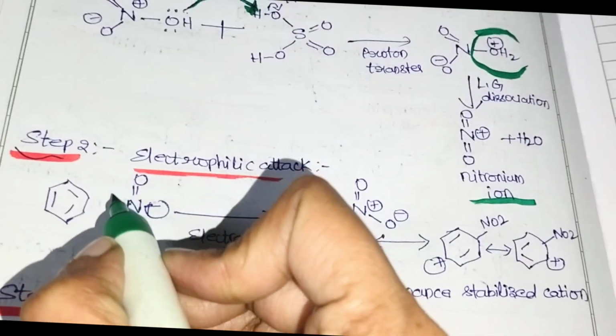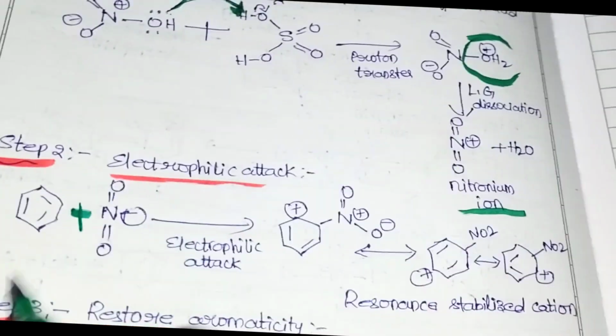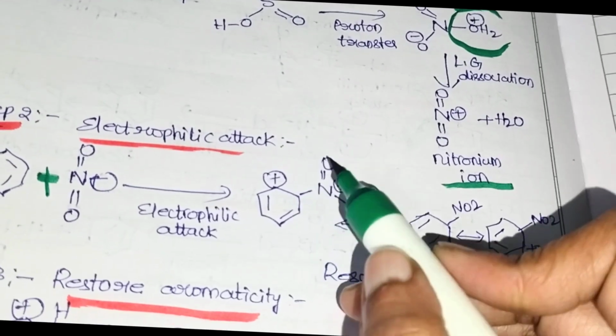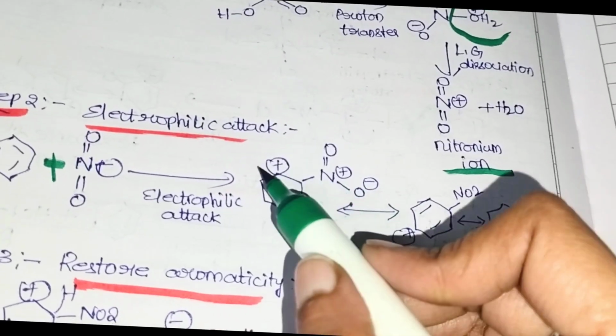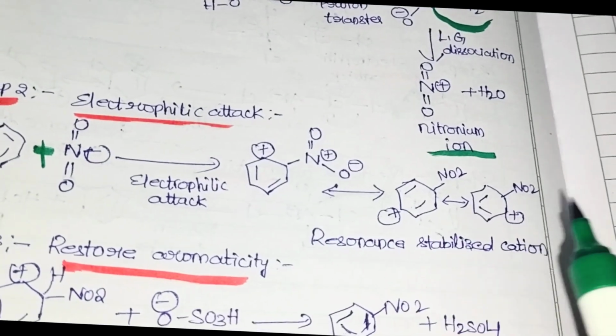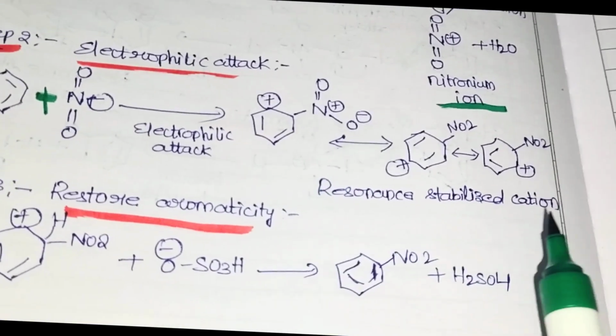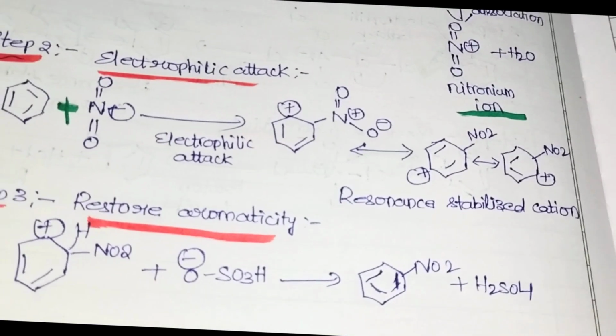Now in the second step, the electrophilic attack, this nitronium ion attacks the benzene ring, to form resonance stabilized carbocations, same as before. The resonance stabilized cation, which is a sigma complex, is formed.